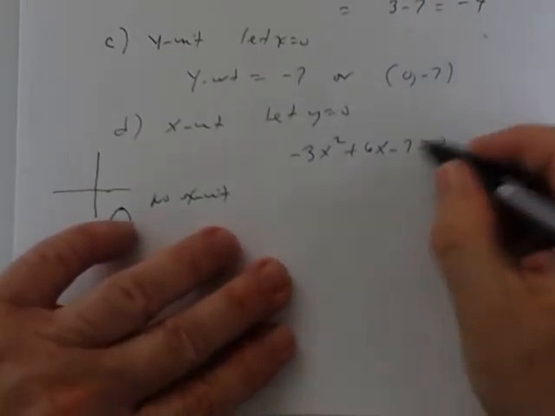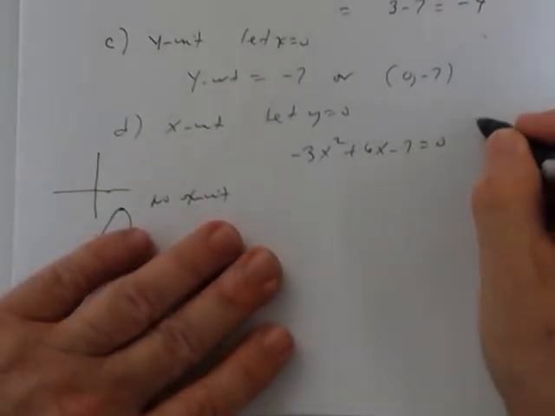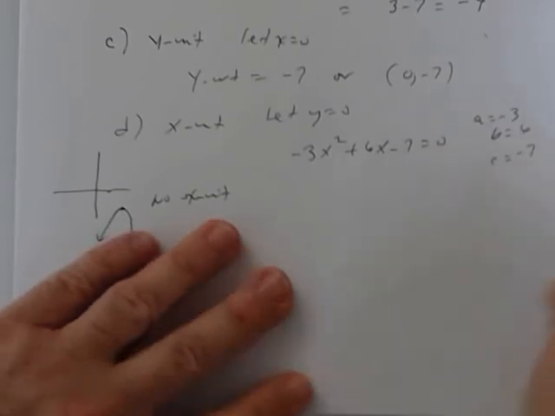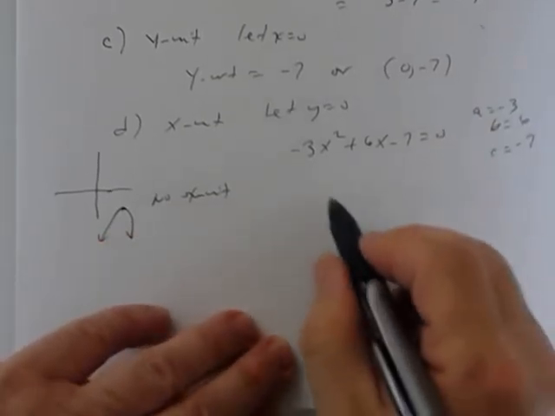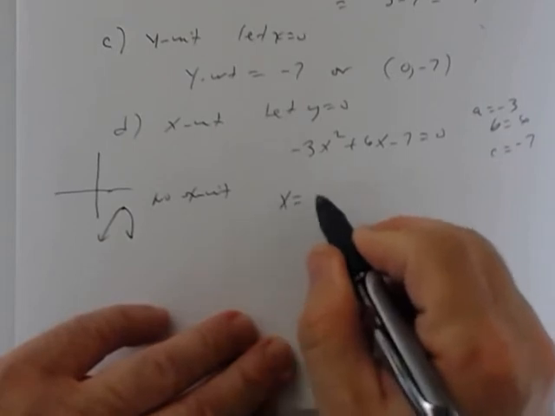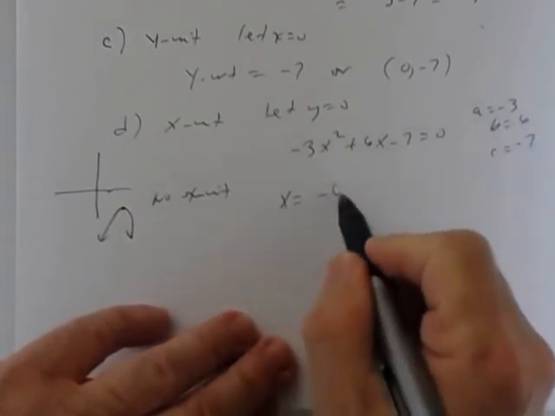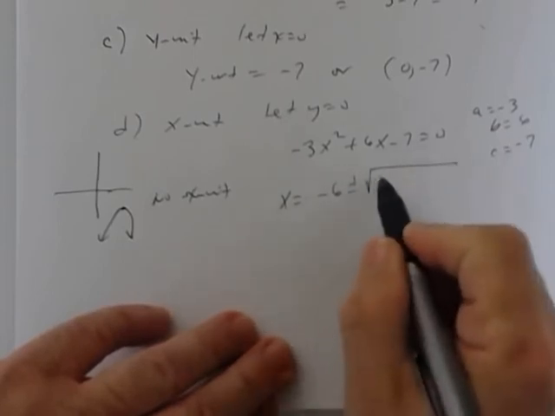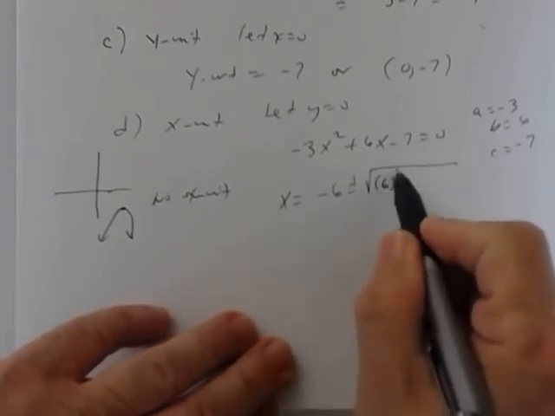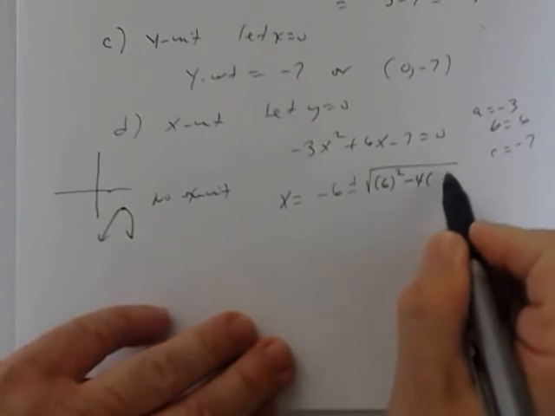And then you plug that back into your quadratic formula. So a is negative 3, b is 6, c is negative 7. But watch what happens when I plug it back in. So x equals the opposite of b. What's the opposite of b? Plus or minus the square root of b, which is 6, squared, minus 4 times a, what's a?